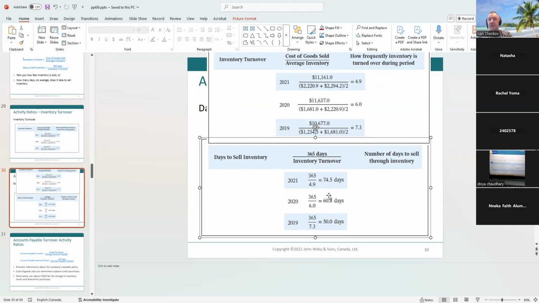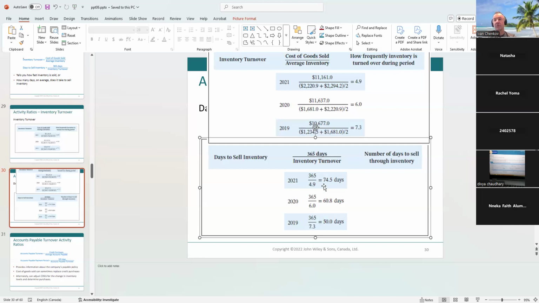So it takes you 2 weeks more to sell your inventory. Sometimes that's how you should present the information to the users of financial statements. Tell them how many weeks, rather than 14 days. 14 days is just a number. 2 weeks, I can feel it. Before, you could sell your inventory 2 weeks faster. Now it takes you 2 weeks more.